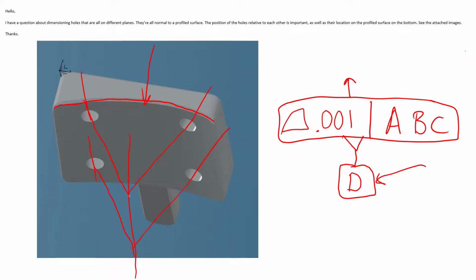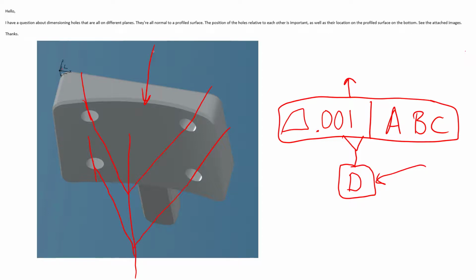Remember, if this was a small radius, the axis is pretty close to the feature. But the wider this curve is, the bigger the arc, the bigger the radius, the further out that axis would be.